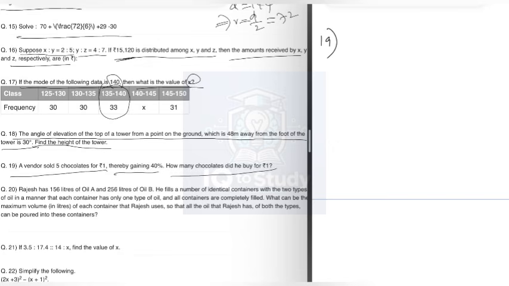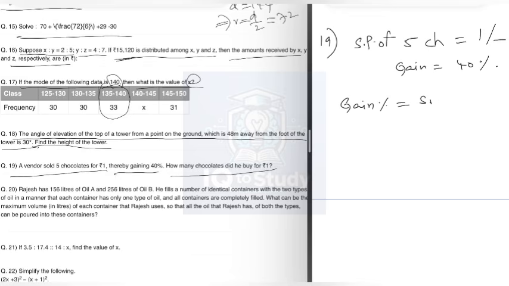In the question, they have given SP of 5 chocolates is 1 rupee and gain is 40%. We know that gain percent is equal to SP minus CP by CP into 100.